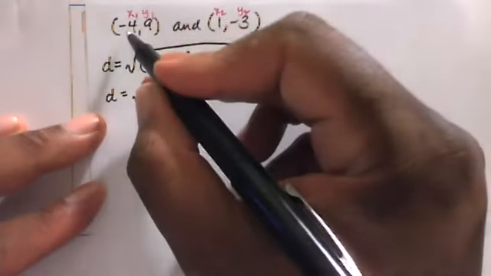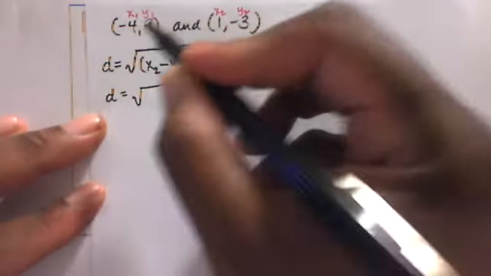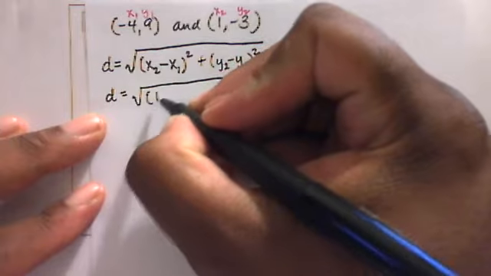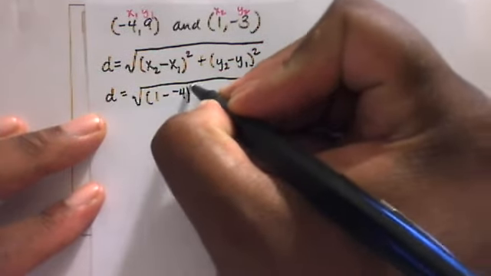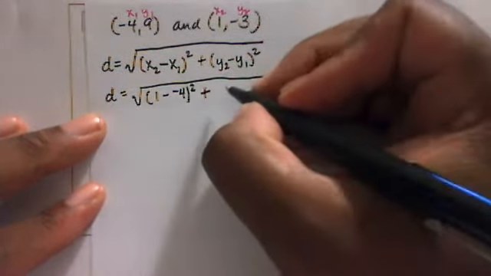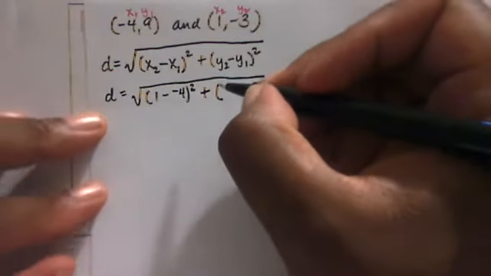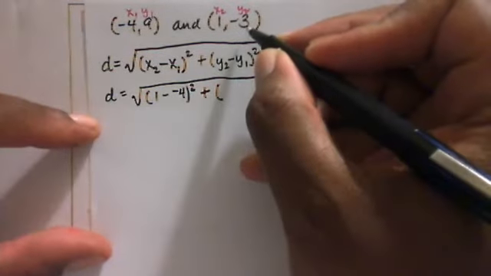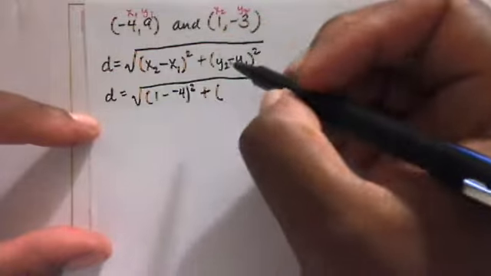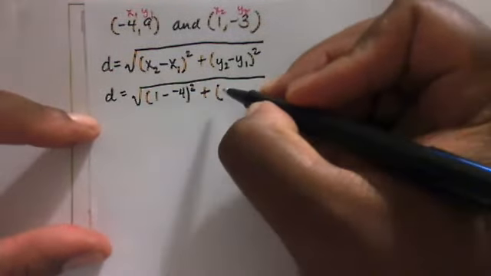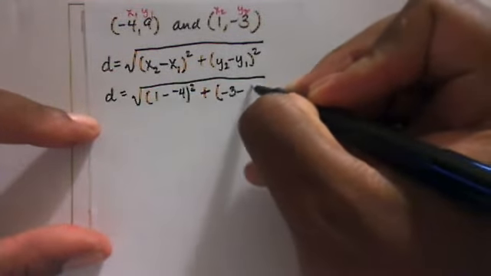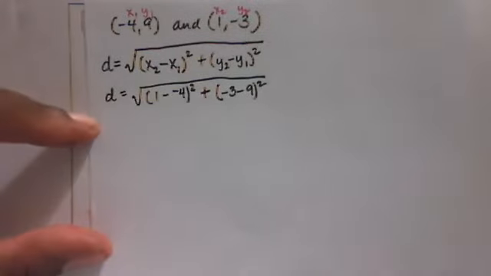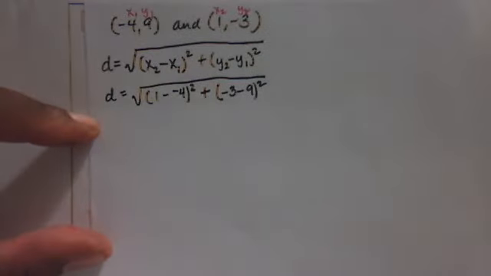Here's x2, that's x1. 1 minus -4. And that's squared. Plus y2 minus y1. Well, y2 is -3 and y1 is 9. So we're going to have -3 minus 9. And that's going to be squared.